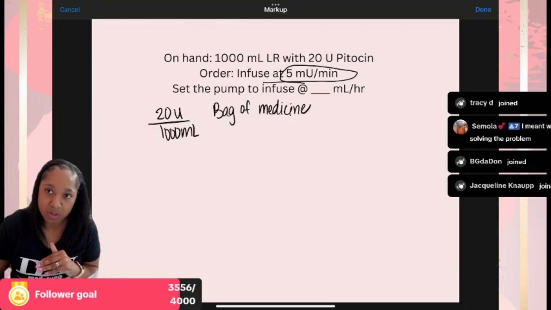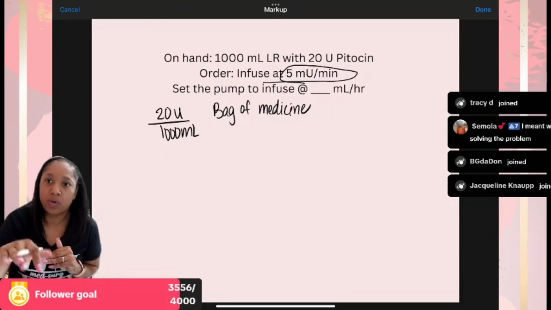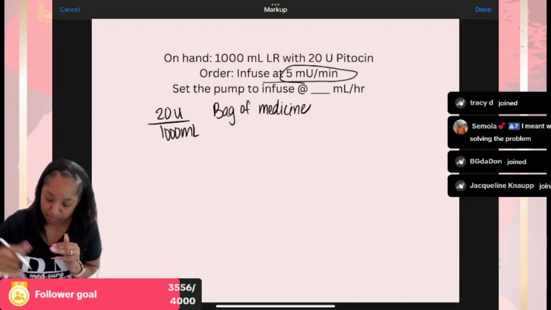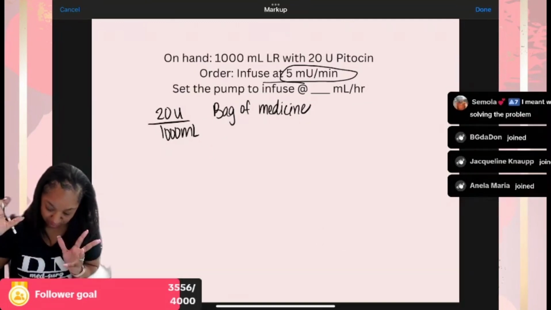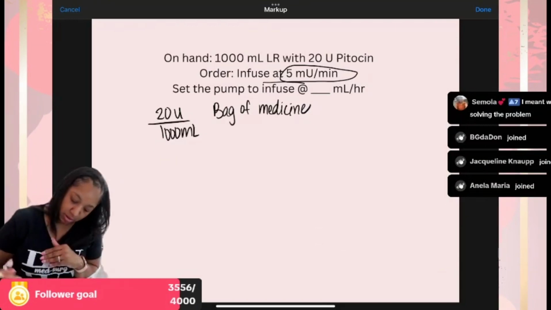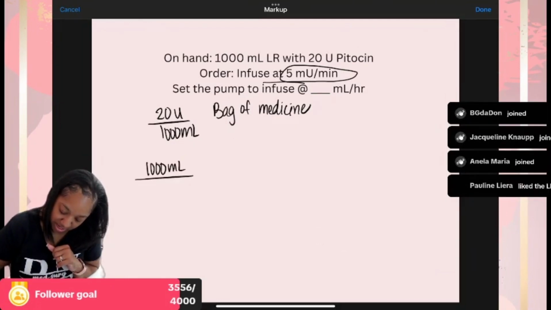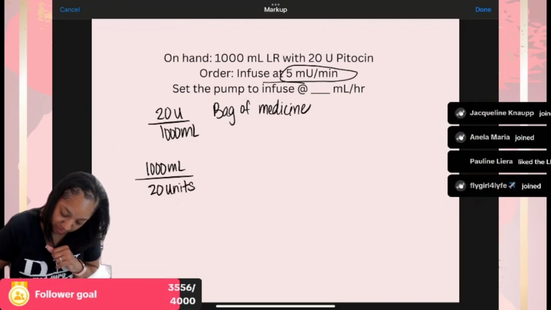So we're going to start with what we're looking for, which is milliliters, because we want milliliters on the top and we want hours on the bottom. So let's start with our prescription of Pitocin first, our bag of Pitocin. In that bag of Pitocin is 1,000 mLs, and then it's 20 units of medicine, okay?